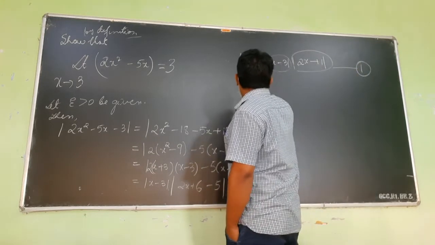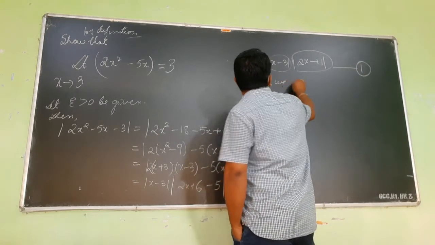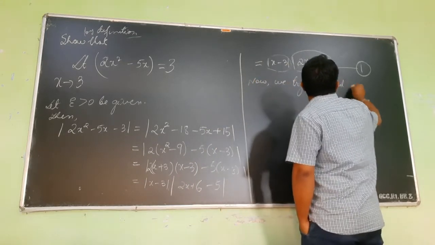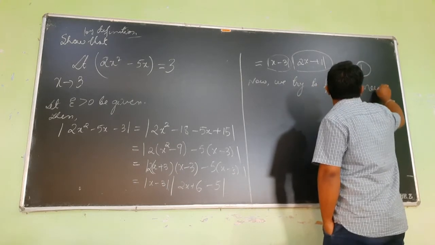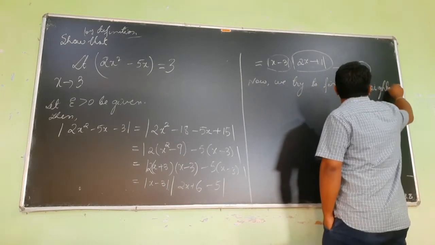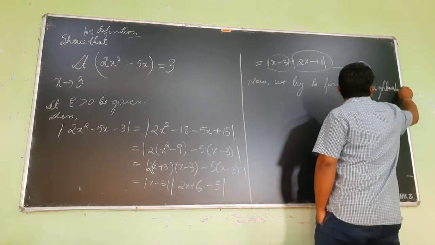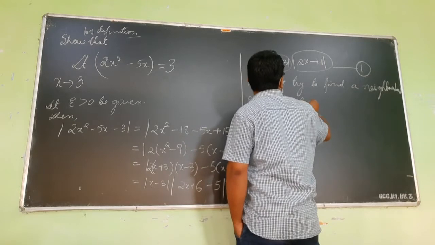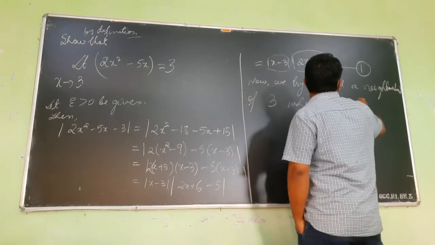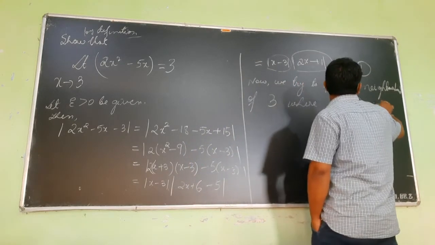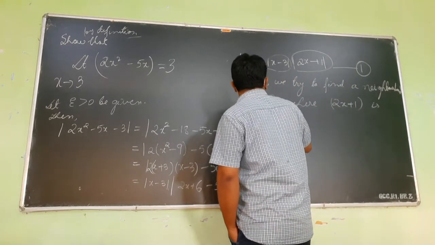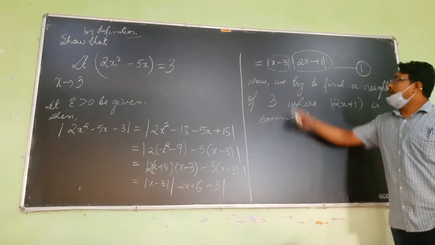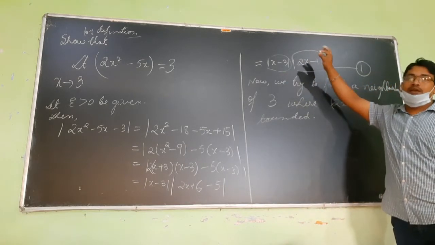Now we try to find a neighborhood of 3 where twice x plus 1 is bounded. In that case we can write this is less than k into something, that bound into something.